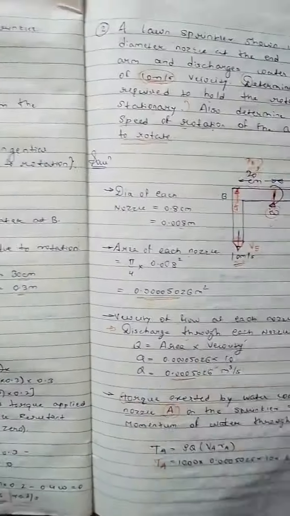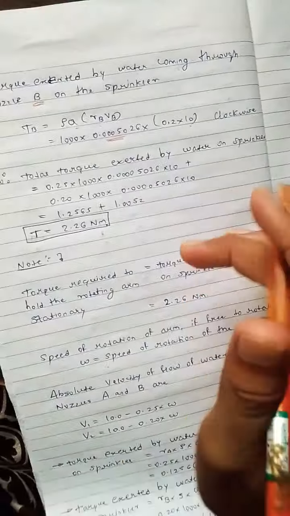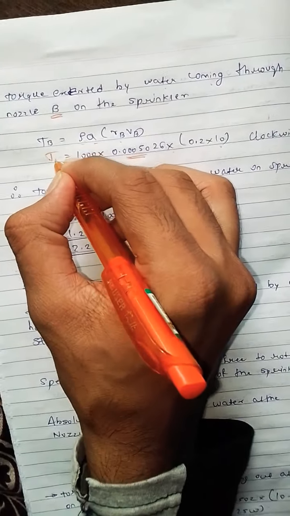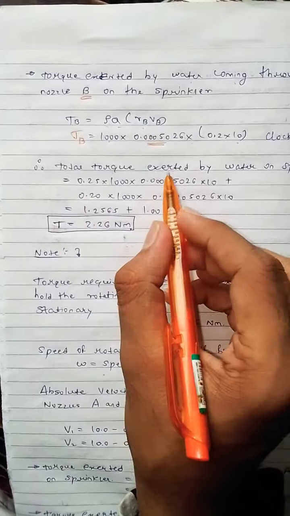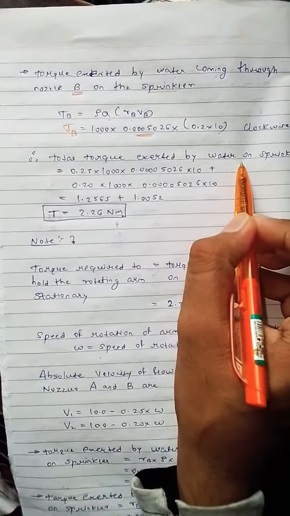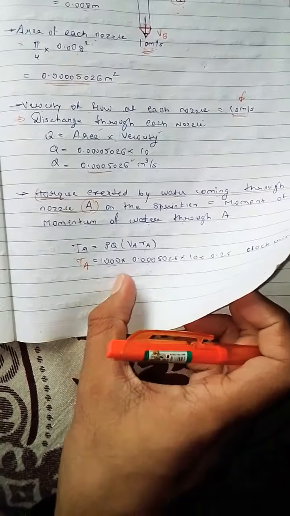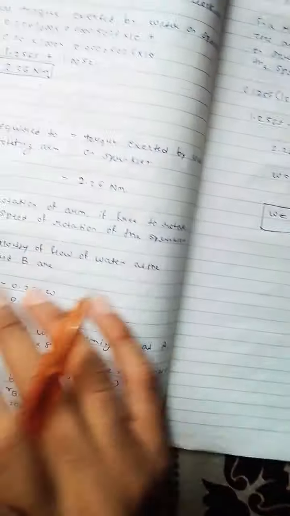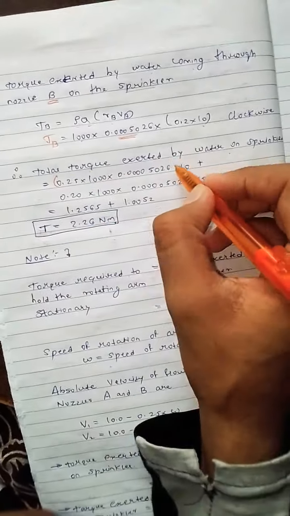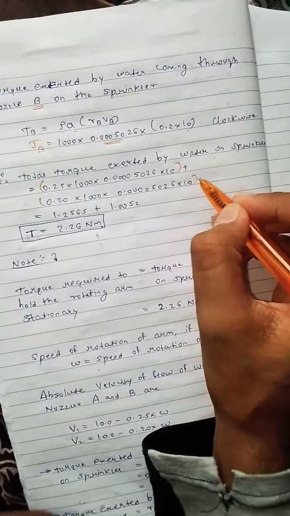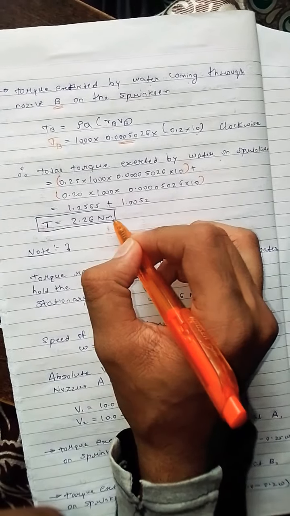VB is 10 meter per second, correct? So it will be torque TB. So the total torque exerted by the water on the sprinkler will be the addition of both torques, correct? So TA plus TB, I have added this value plus this value, will be equal to 2.26 Newton meter.